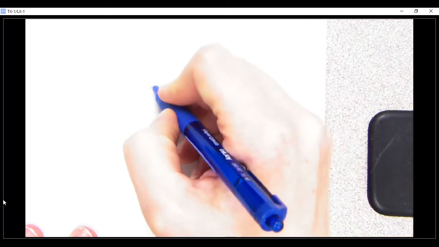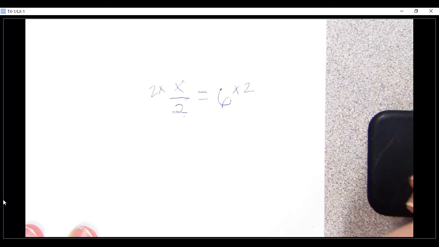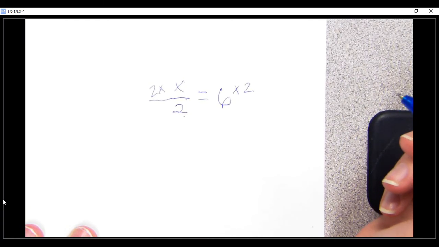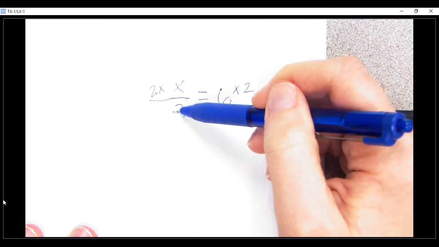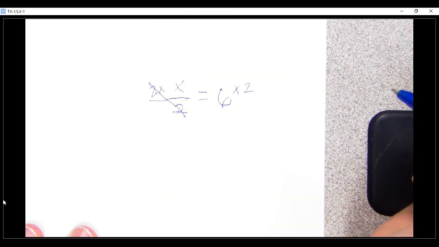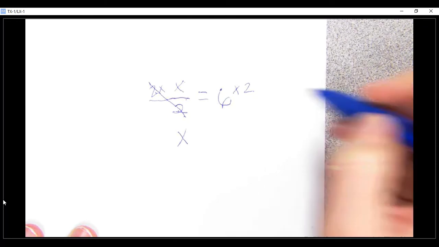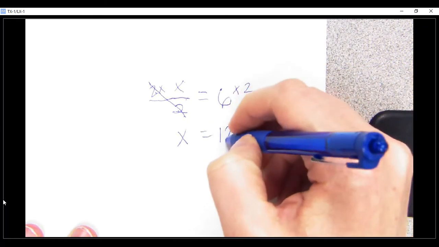So I'm going to multiply by 2 on both sides of the equal sign. If I do that, you can kind of imagine that division line extending all the way across. And 2 divided by 2 cancel right out, leaving my x all by itself. And over on this side of the equal sign, 6 times 2 I know is 12.